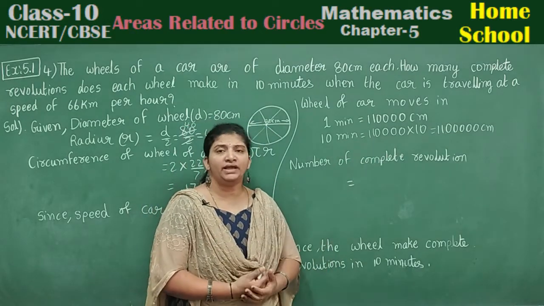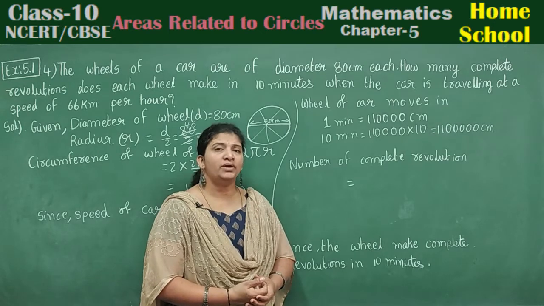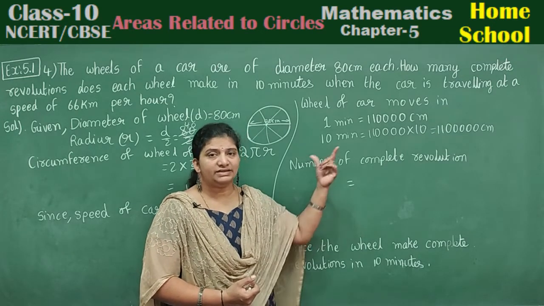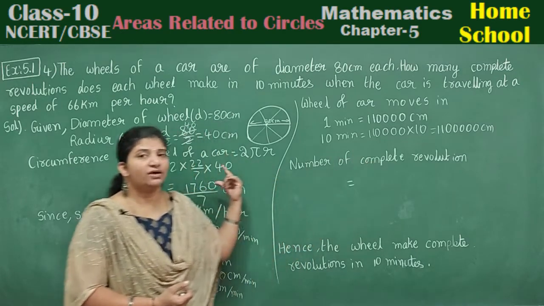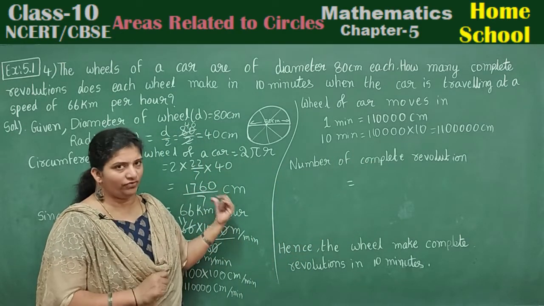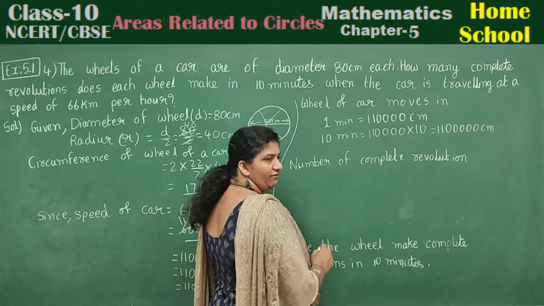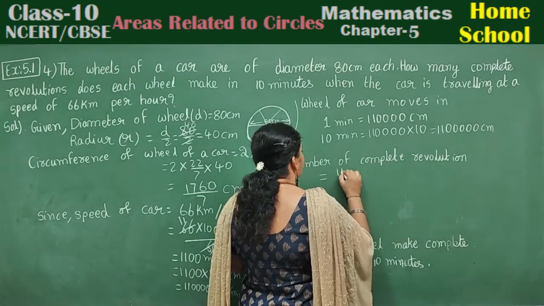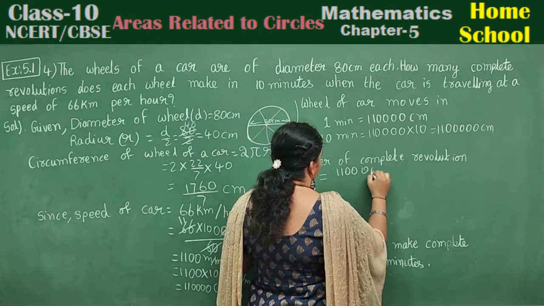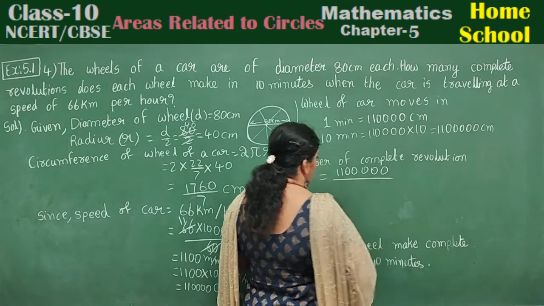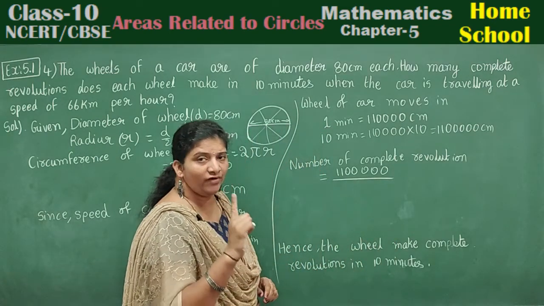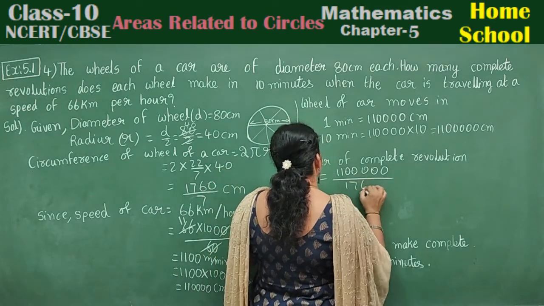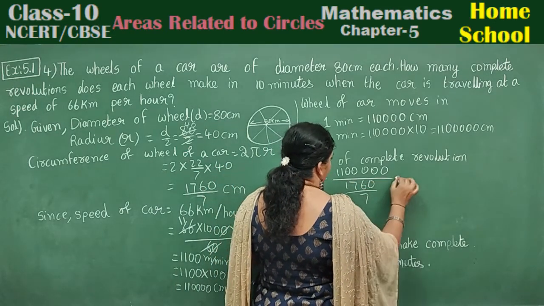Number of complete revolutions. How many revolutions are done by the wheel of a car? We need to divide the distance by the circumference of one wheel. So the number of complete revolutions in 10 minutes will be 11 lakh centimeters divided by the circumference of one wheel of a car, that is 1760 by 7.